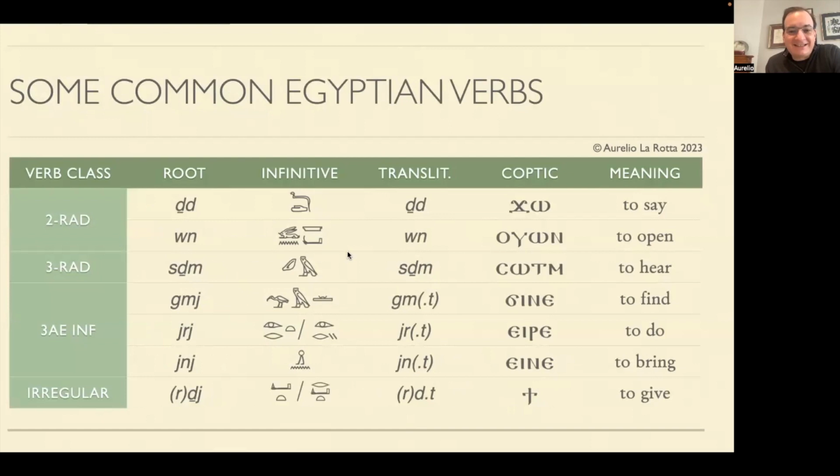So normally they're called radicals, just like in Semitic languages. And you have biradicals, you have triradicals, you also have 4 and even 5, although the latter ones are very rare. A lot of the 4s are causatives, so you slap a causative S in front of it.